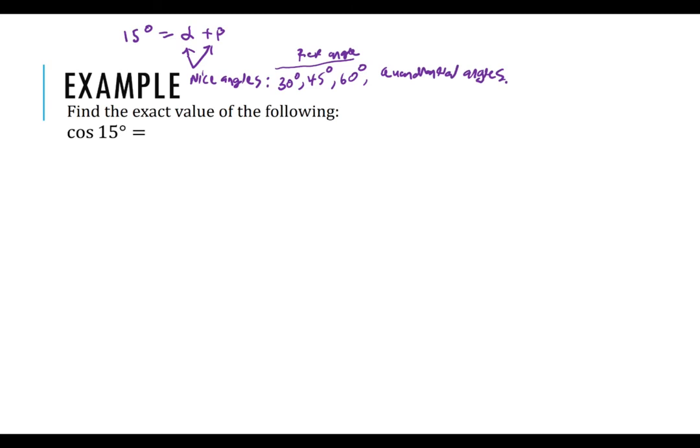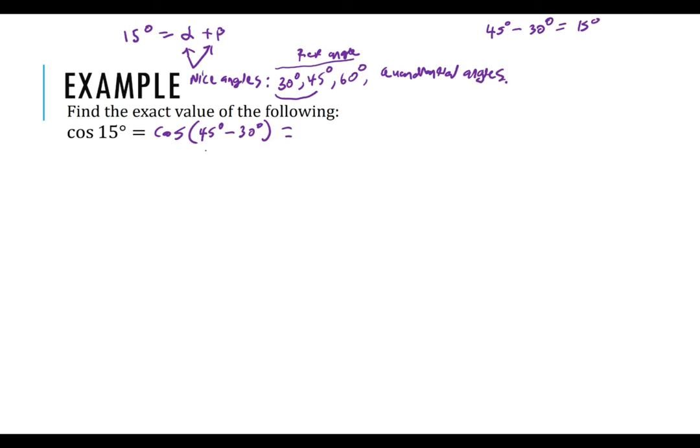So we're trying to figure out, is there a way that I can write 15 degrees as some alpha plus beta, where alpha and beta are nice angles, 30 degrees, 45 degrees, 60 degrees, or iterations of those, or quadrantial angles? Well, I recognize that 45 degrees minus 30 degrees is going to equal 15 degrees. So if we rewrite this as cosine of 45 degrees minus 30 degrees, then I can use the difference formula for cosine.